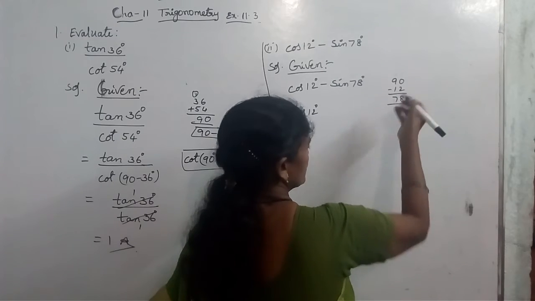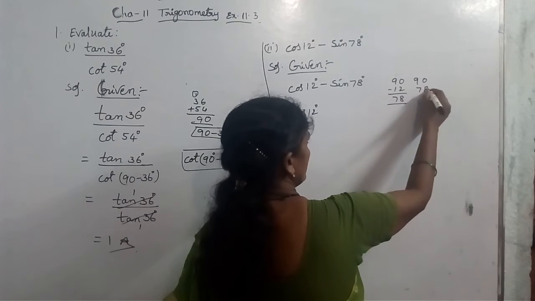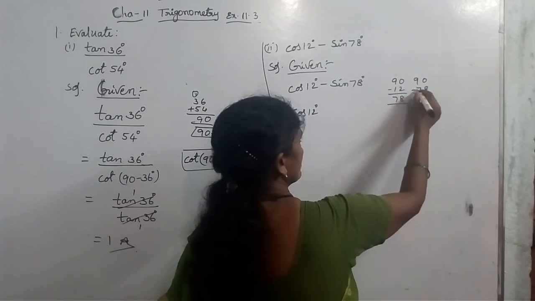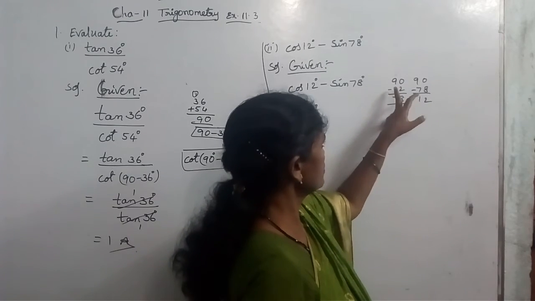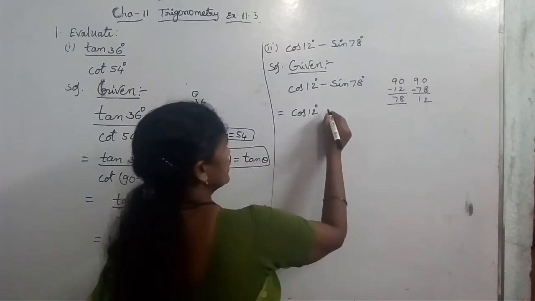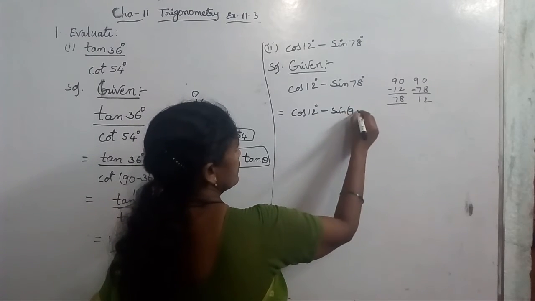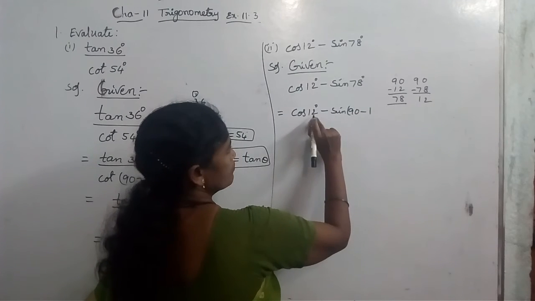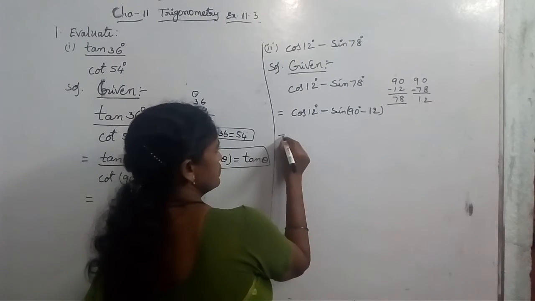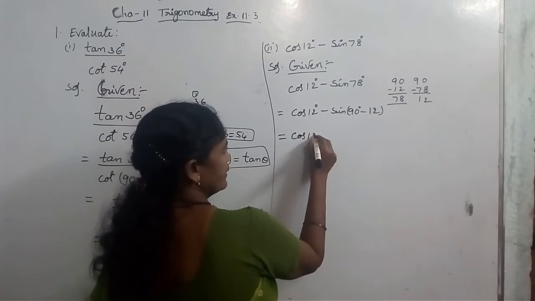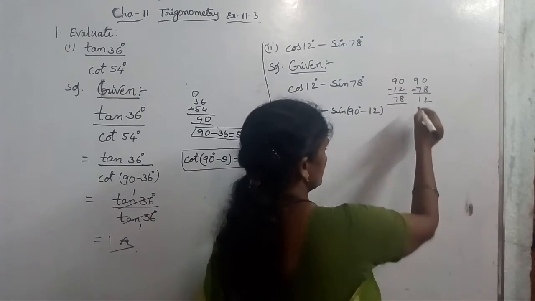So we can write sin as it is, sin of 90 minus 12. The first number, if we subtract this number, the value does not change. Cos 12 degrees as it is, but for the complementary angle sin 90 minus, there is a formula.